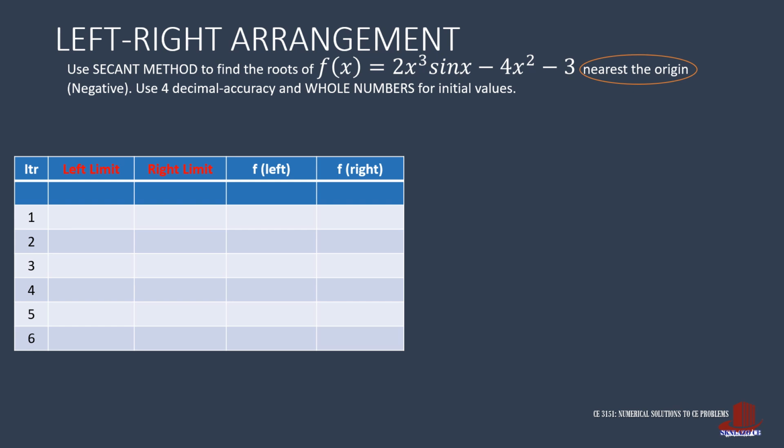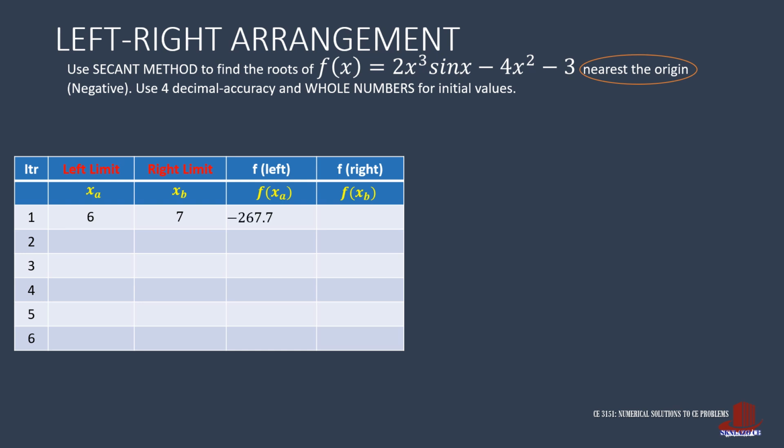Let's start with the left limit in the second column and right limit in the third. To easily use the secant function, we tag each column as xa, xb, then f of xa, and f of xb. Let's then place the initial values where 6 is xa and 7 is xb.